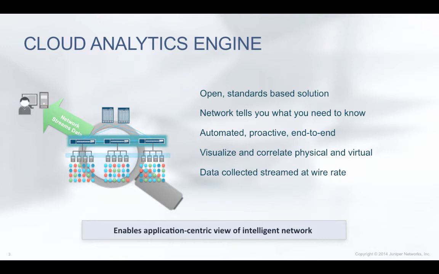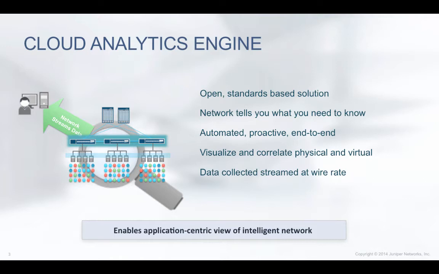With CAE, IT teams get an application-centric view of their network status, improving their ability to quickly roll out new applications and troubleshoot problems. This helps the business by reducing costs associated with manpower and downtime, as well as improving end-user application experience.